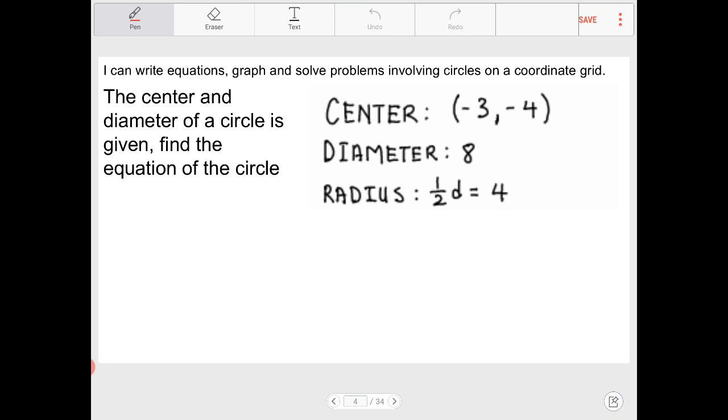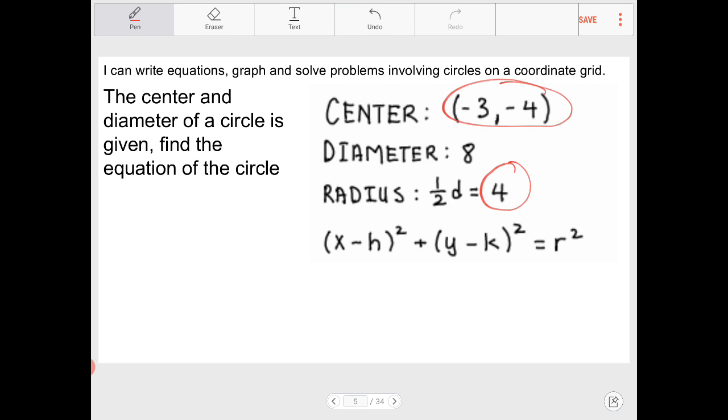Well, looking at this, I understand that this is the general format for the equation of a circle. So in this equation here, all I've got to do is make the appropriate substitution. I know that h and k are these values. I know r is this value, so I just make the appropriate substitution.